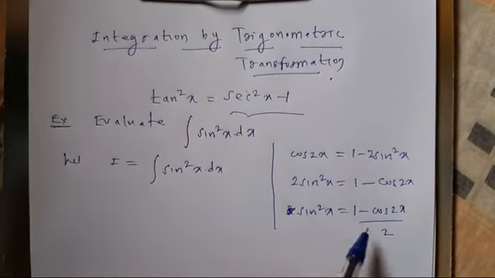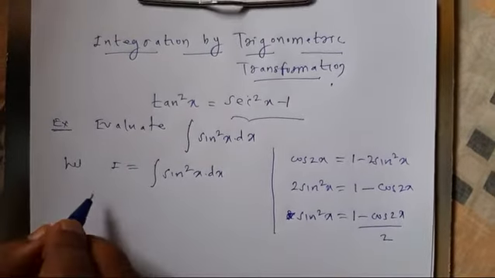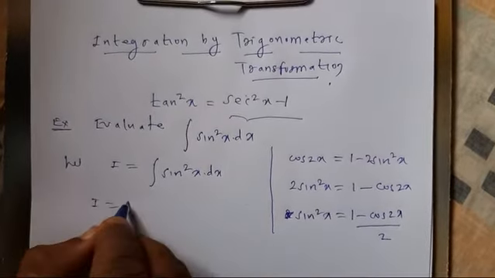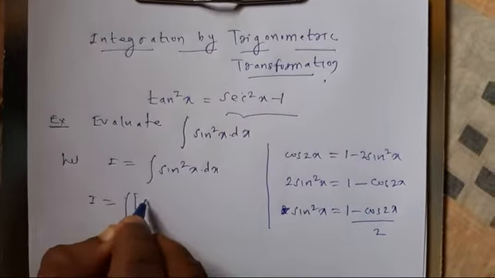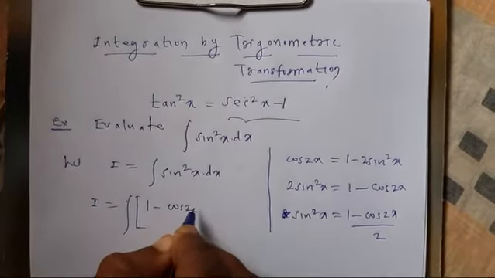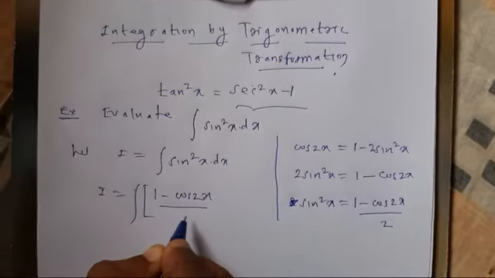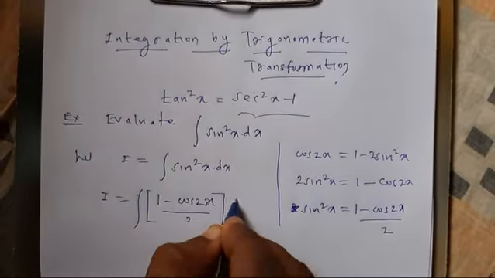I will replace sine square x by 1 minus cos 2x upon 2. Therefore, I is equal to integration of 1 minus cos 2x upon 2 dx.